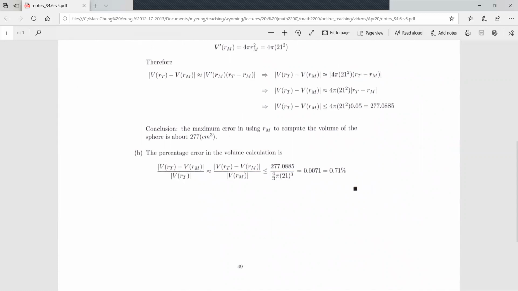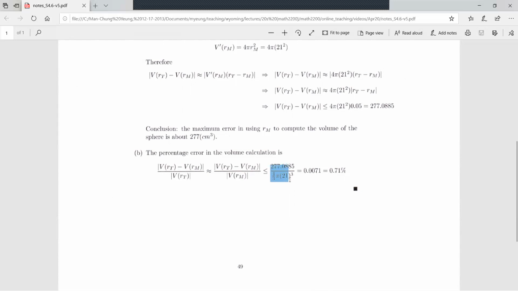Volume at RT we don't know. So the exact value of the volume of the sphere, we don't know it. Because we don't know this, I replace RT by Rm. I know Rm. Rm is 21. So volume at 21 is computable.